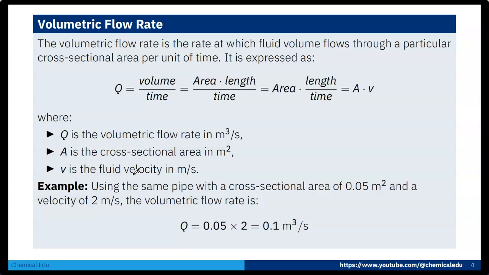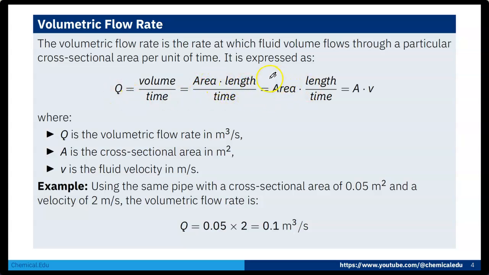Then volumetric flow rate. The volumetric flow rate is the rate at which fluid volume flows through a particular cross-sectional area per unit of time, and it is expressed as Q, which is volume per time. Remember, mass flow rate is mass per time, volumetric flow rate is volume per time. Volume is area into length, so volumetric flow rate is area into length by time.